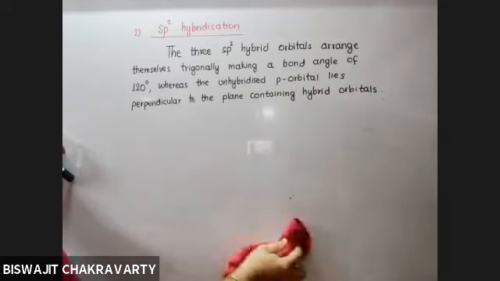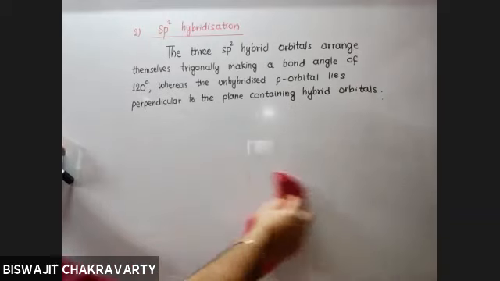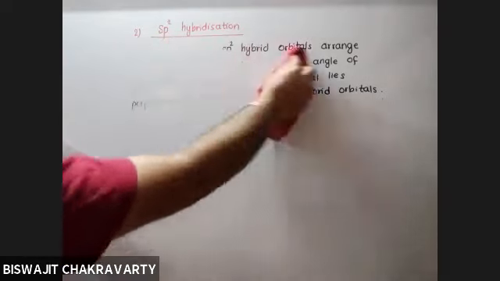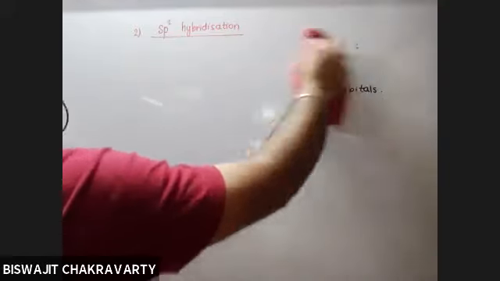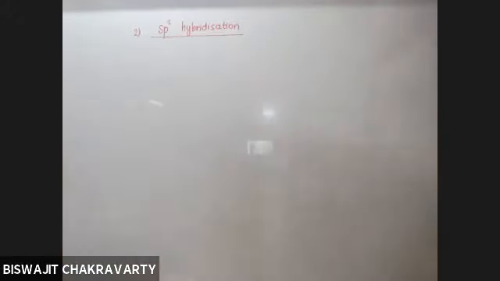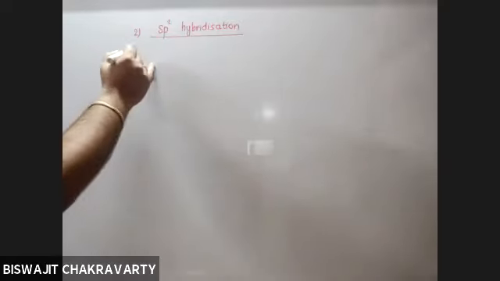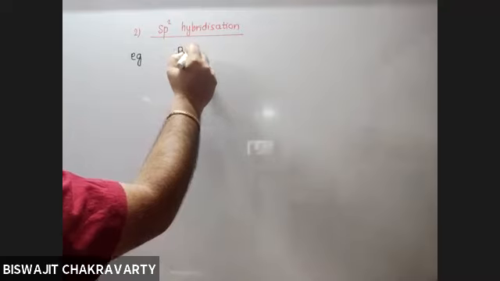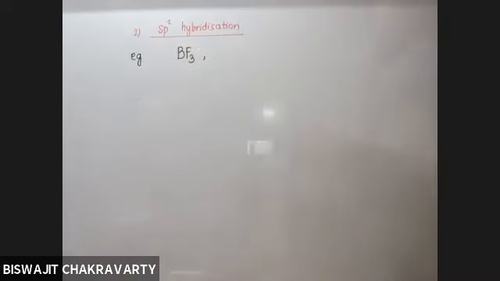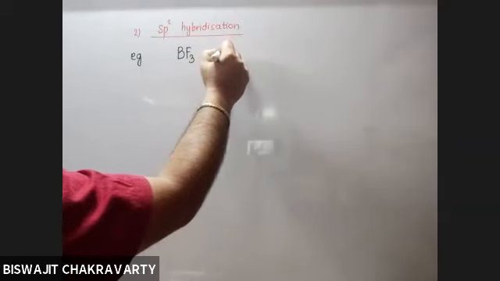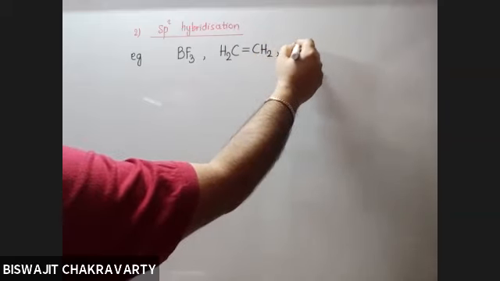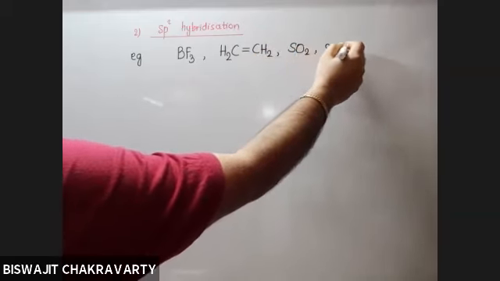So the next thing that we are going to discuss is the examples under sp2 hybridization. What are the examples under sp2 hybridization? Under the examples, we can write, to start with, boron trifluoride, BF3, ethene, CH2 double bond CH2, sulfur dioxide, SnCl2, and so on.